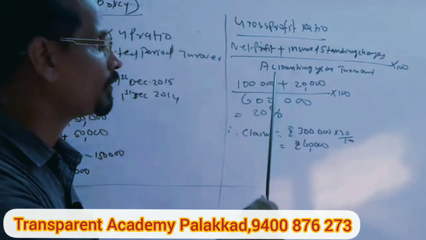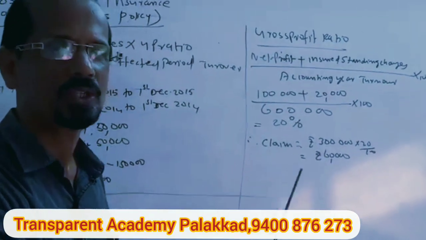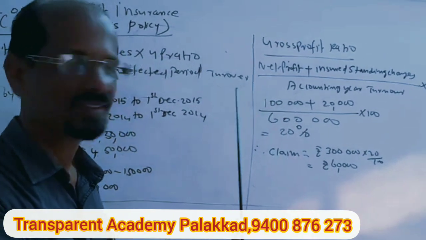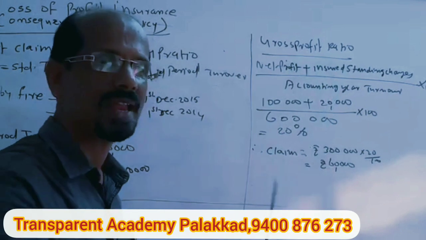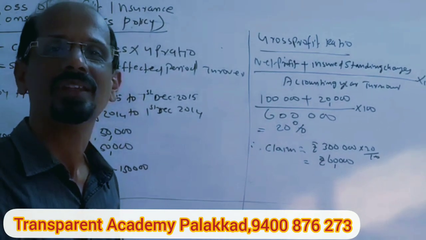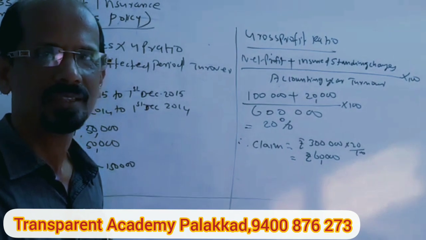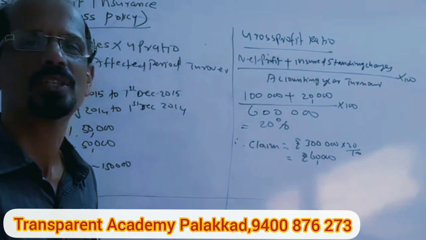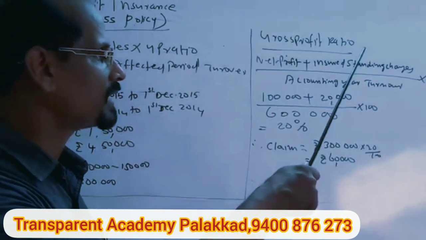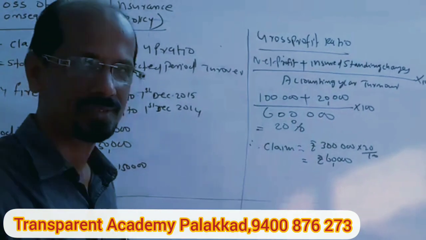Suppose the net profit in the previous financial year is 1 lakh. Then what are insured standing charges? Standing charges means fixed charges like rent, salary, etc. Those covered by the insurance policy are insured standing charges, suppose 20,000.